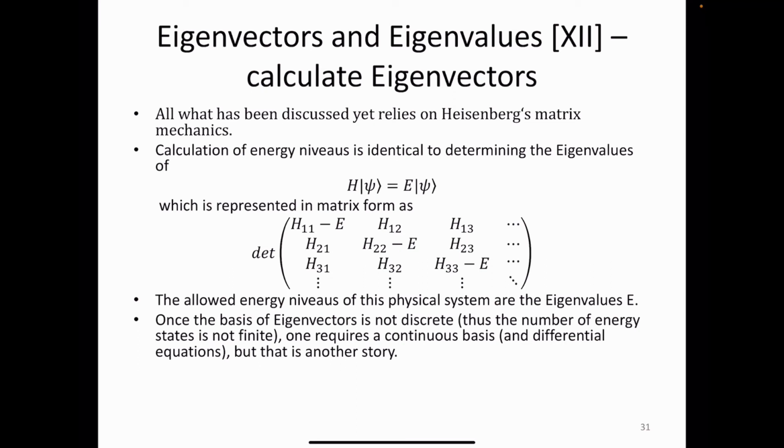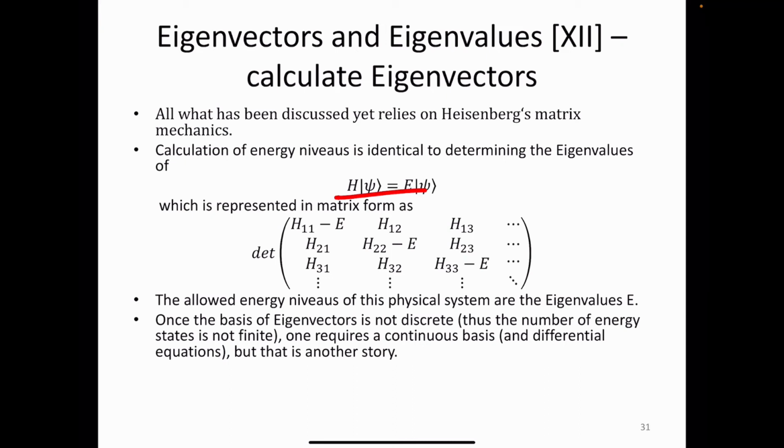So now that we know that, we may proceed. Remember, everything that we discussed relies on matrix mechanics. Everything that we looked at so far is Heisenberg's matrix mechanics. The calculation of energy levels in that case is identical to determining the eigenvalues of the Schrödinger equation that we see here.